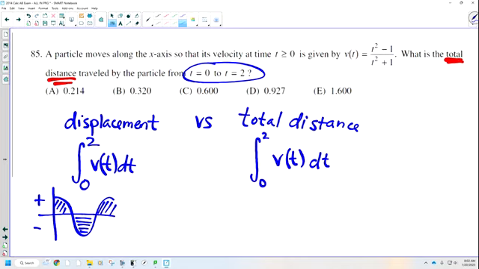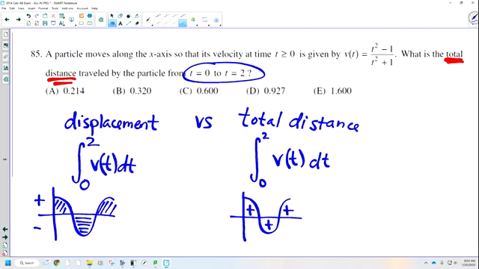However, on my graph, it doesn't matter if I'm above or below. For total distance, I want every movement this particle made, whether it was away from its starting position or back toward it. I want to add it all up. That means every area under the curve is considered positive, and I add it.